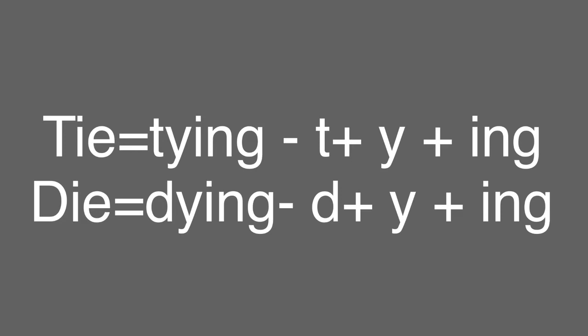So what have you done? In the word TIE, you have dropped IE and in its place you have added Y, which is followed by ing. Die becomes dying, etc.